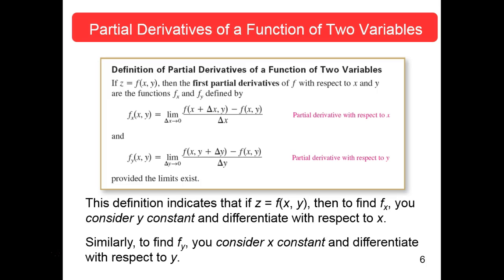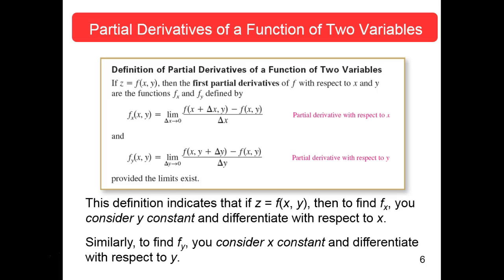Then the first partial derivatives of f with respect to x and y are the functions, and there are a couple of different ways to express these. Here's one. We're going to have another one a little bit later. f sub x, the partial derivative of f with respect to x. And this is f sub y, the partial derivative of f with respect to y. And here's what it's defined as. The partial of f with respect to x is a function of both x and y.